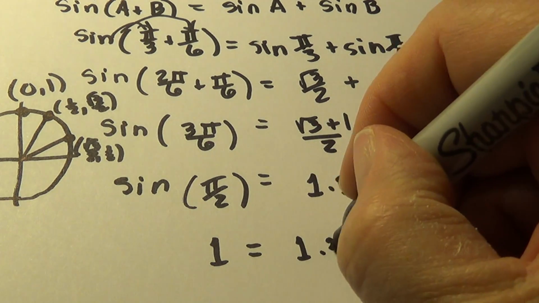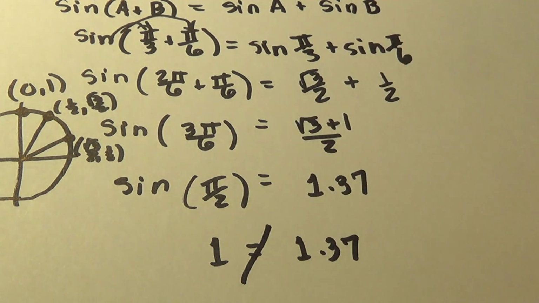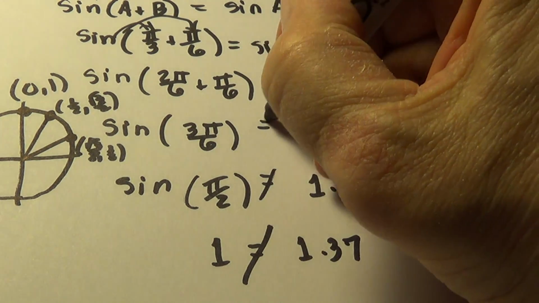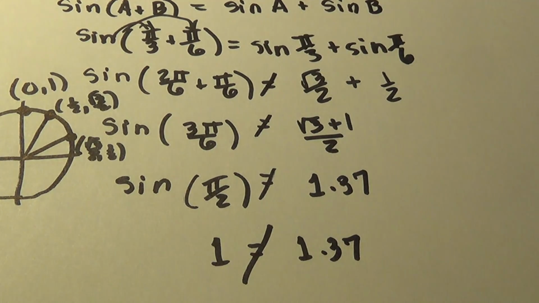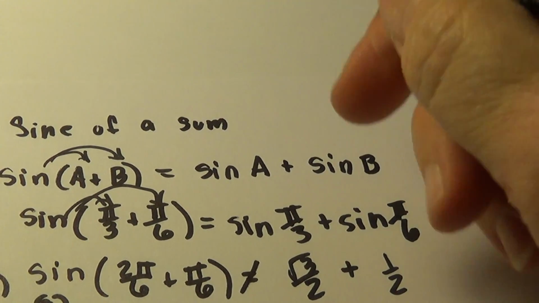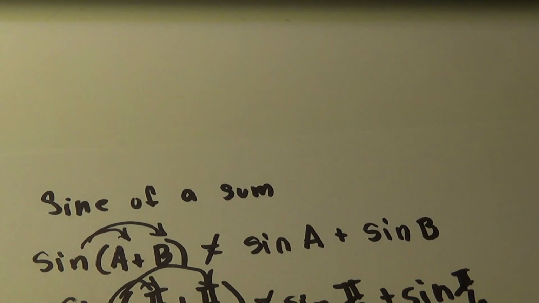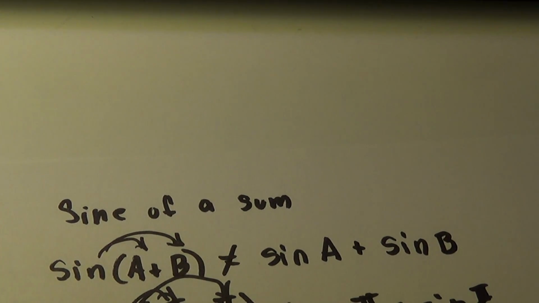So now we can see clearly that 1 does not equal 1.37. These are not equal, and that initial conjecture is not true.